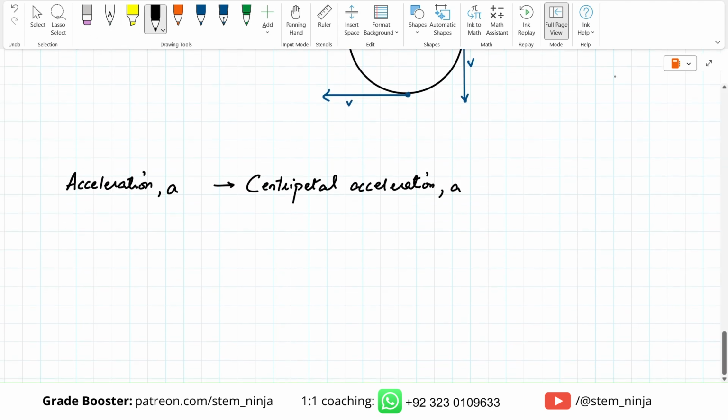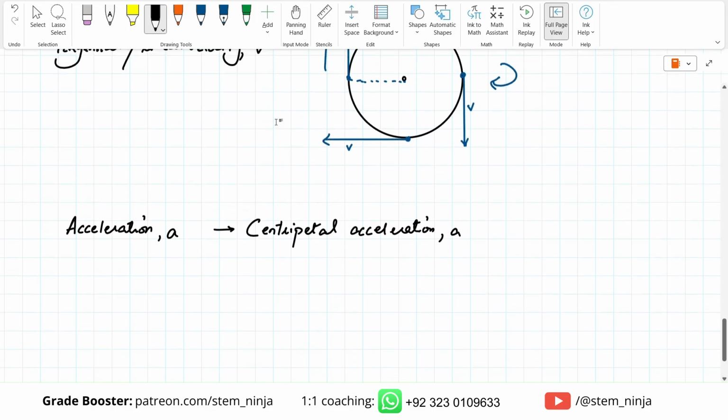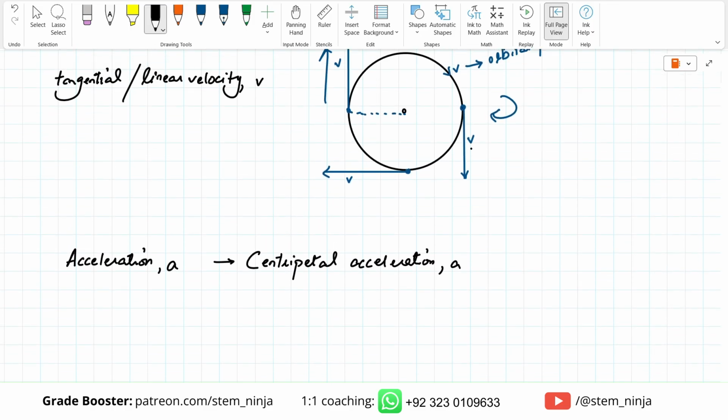Now, the basic definition for that is that it is the rate of change of velocity. However, we are going to delay writing the definition because there's an important aspect to it. If you notice this change in velocity, let's call this u and this v, initial velocity and final velocity.